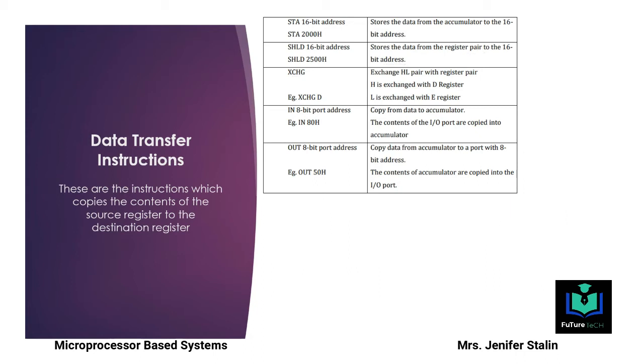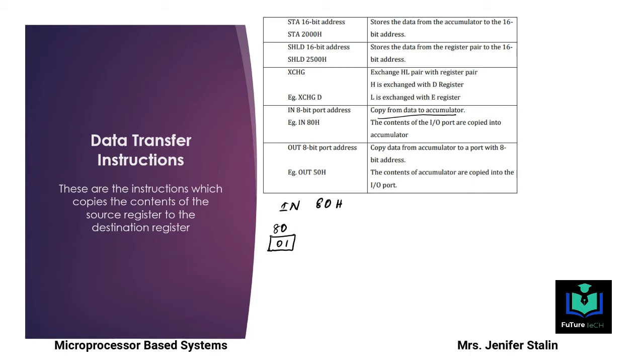The next instruction is the IN instruction, that is input, IN 80H. It copies the data to the accumulator. IN 80H, the 80 points to an 8-bit address which has data.